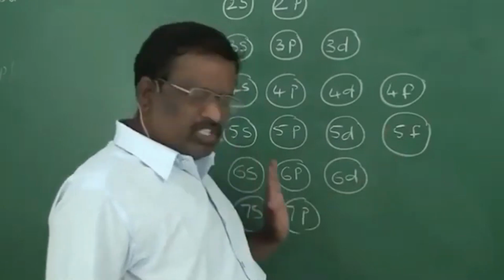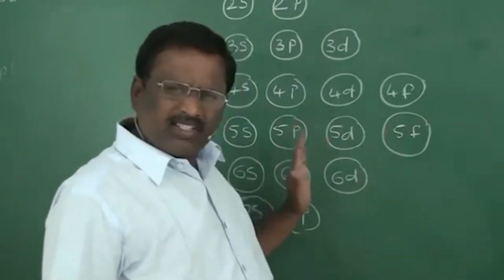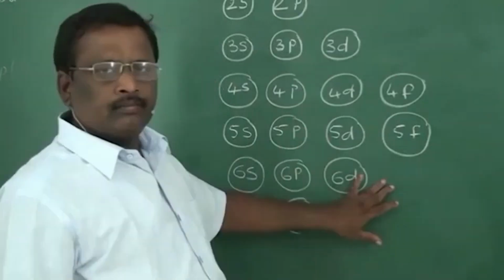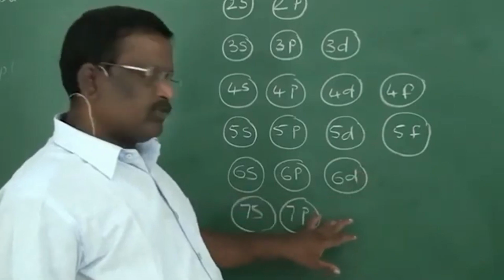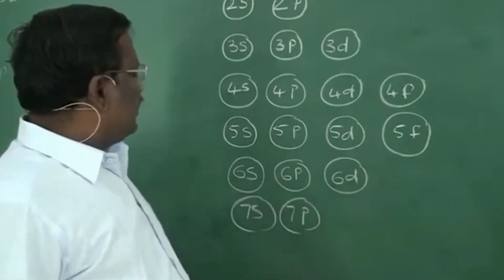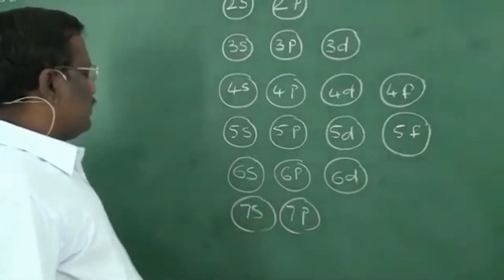These orbitals are sufficient for atoms up to atomic number 160. All atoms' electronic configurations will be within these orbitals. 4f and 5f are filled, not 6f. Similarly, there is no space for 7d. That's why I am not writing all those orbitals.